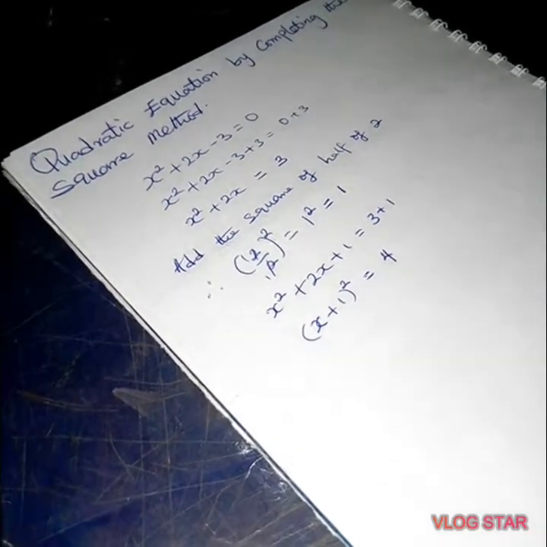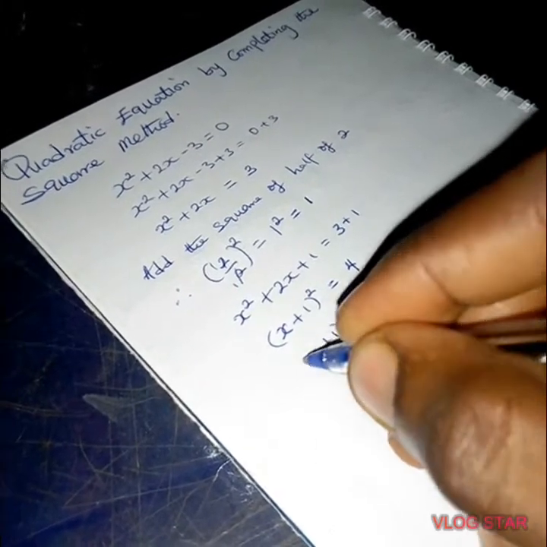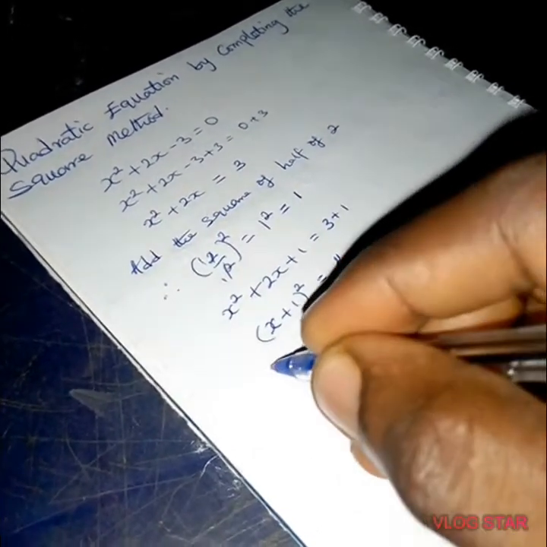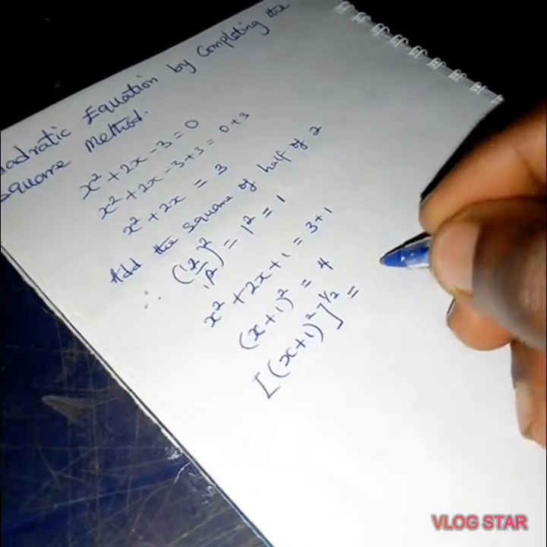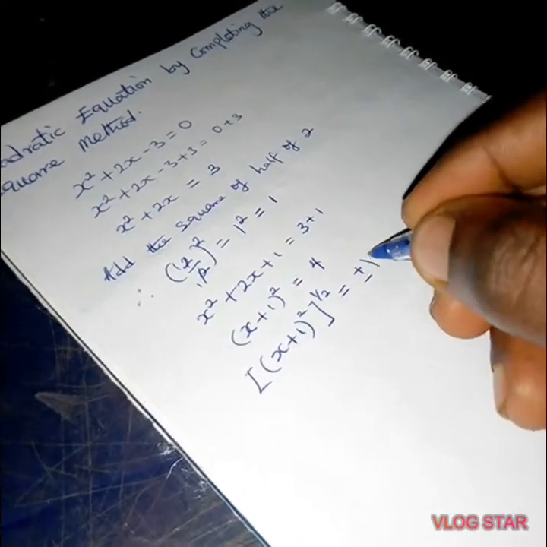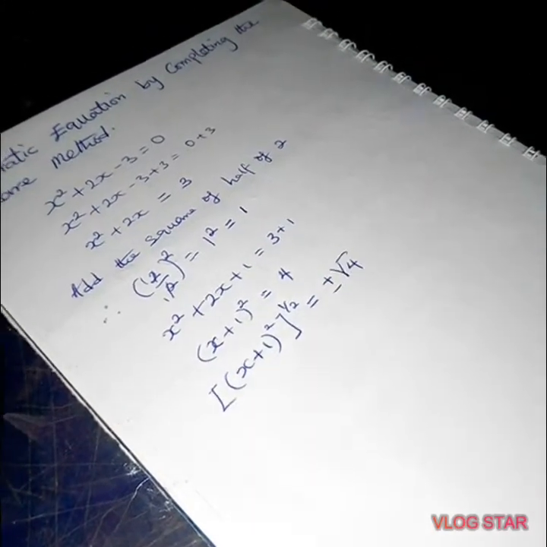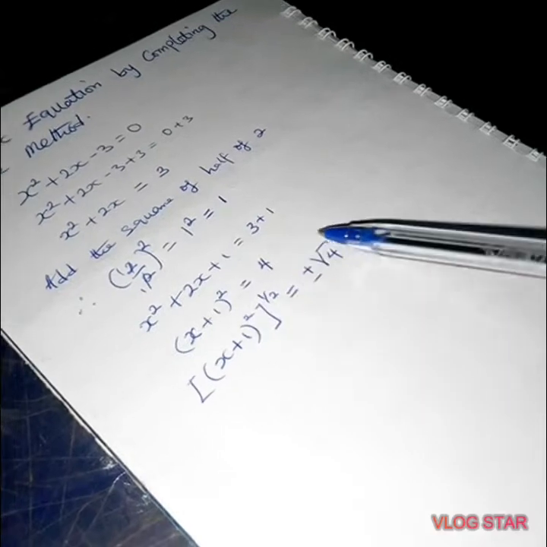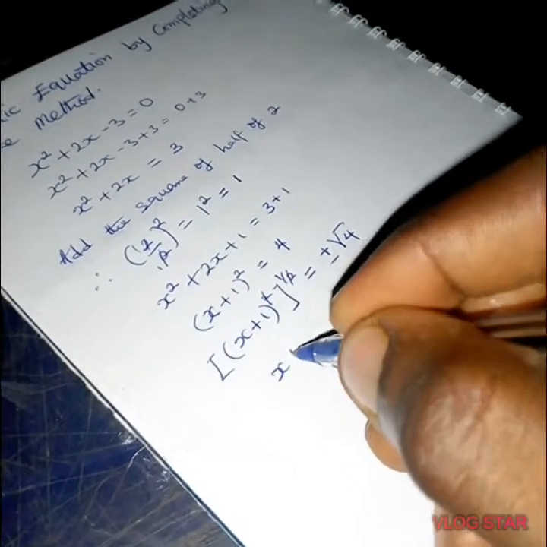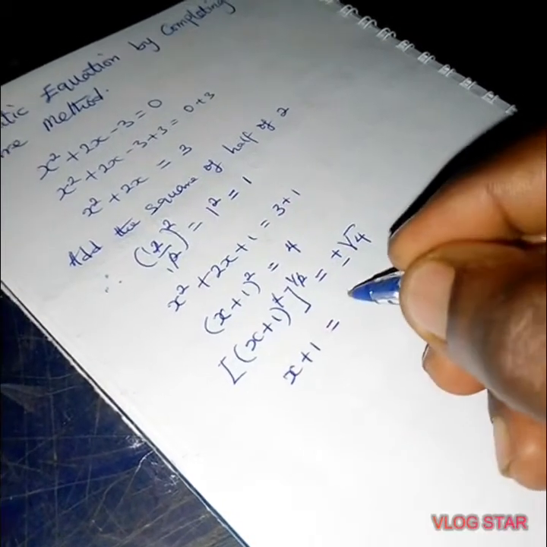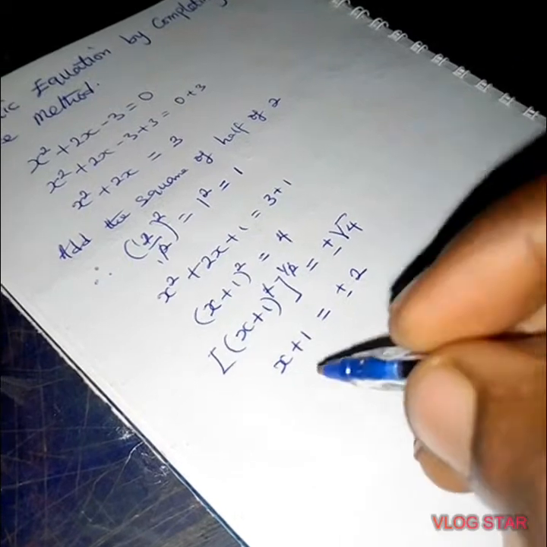Finding the square root of both sides will give us x plus 1 raised to power 2, then raised to power half, which is the square root, equal to plus minus square root of 4, which is root 4. The constant we shifted towards the right hand side. So 2 cancel 2 here will give us x plus 1 equal to plus or minus square root of 4 is 2.